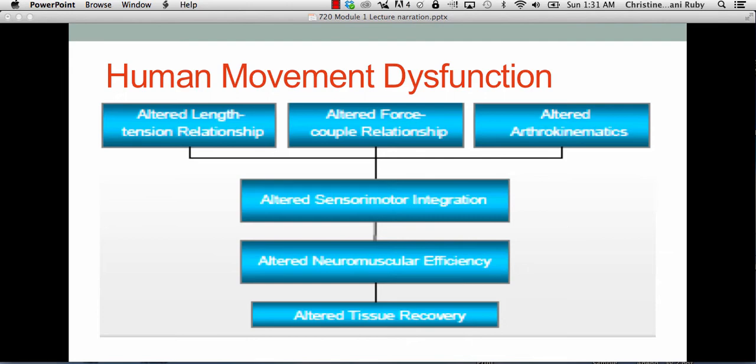So that's the idea that muscles don't work at the right lengths, or they don't work together well. Their relationships are not good. And then we see joint movement not happening correctly. And ultimately this leads to altered sensory-motor integration, altered neuromuscular efficiency, and finally altered tissue recovery. So we either see that a person doesn't heal from an injury, or that an injury is caused because of the lack of efficiency in other areas of the human movement system.